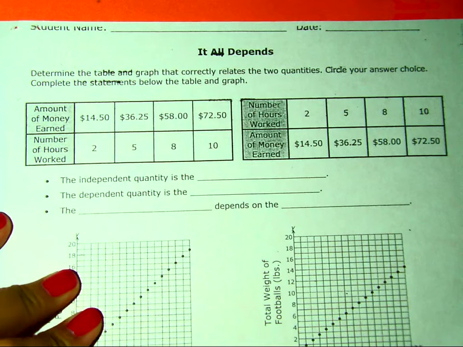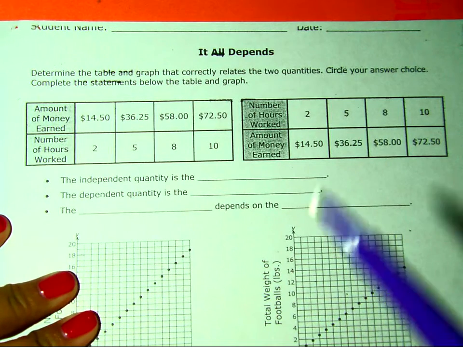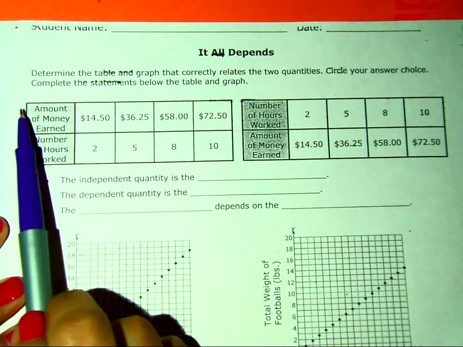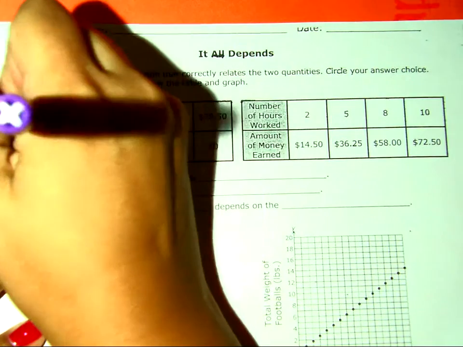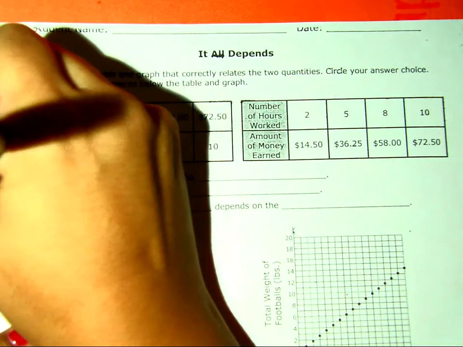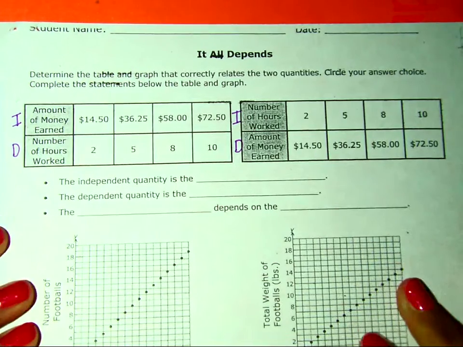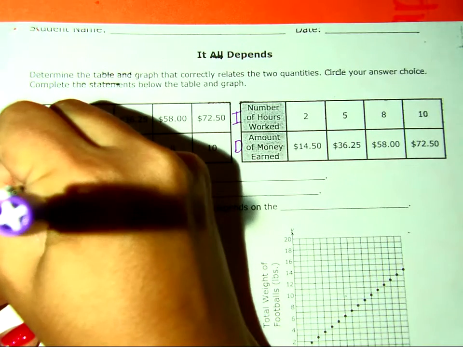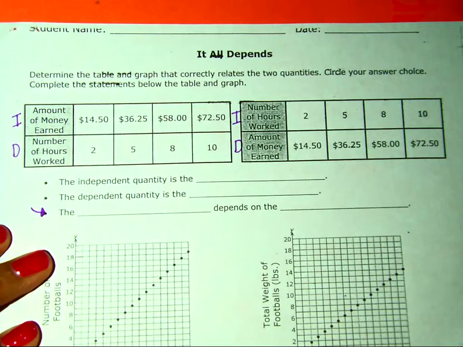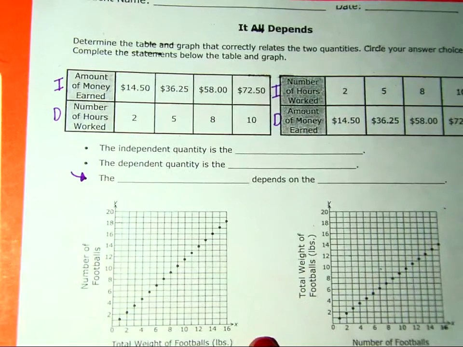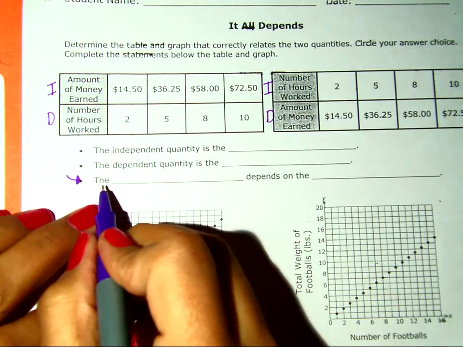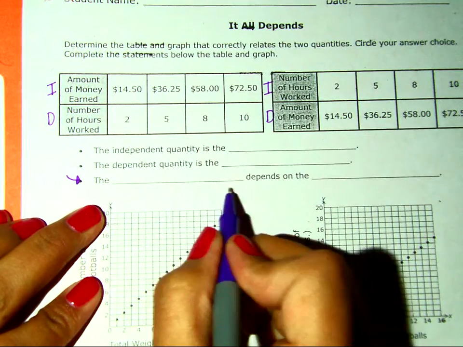So one of the things you should start to do is always start by labeling the independent and dependent variables. And then the third statement here is actually the one that we're going to use to check our responses. So the statement says the blank depends on the blank.